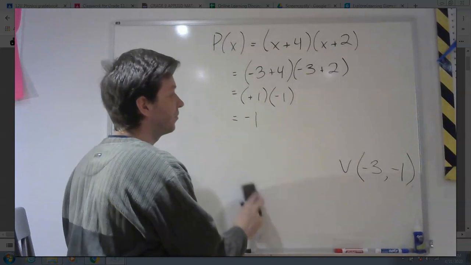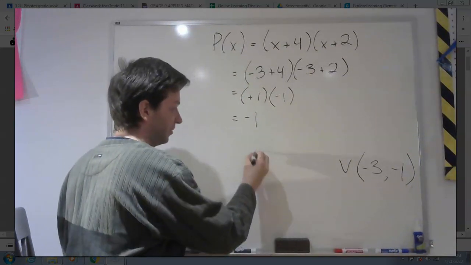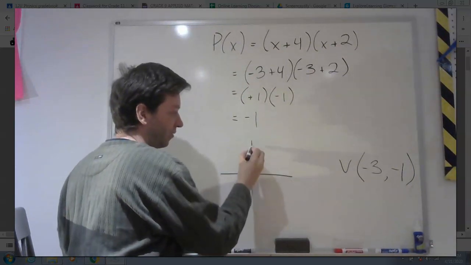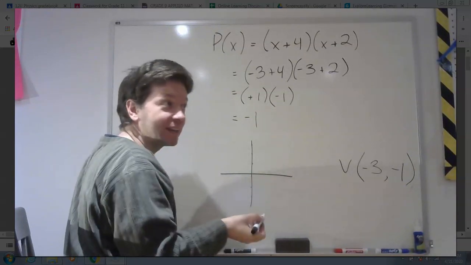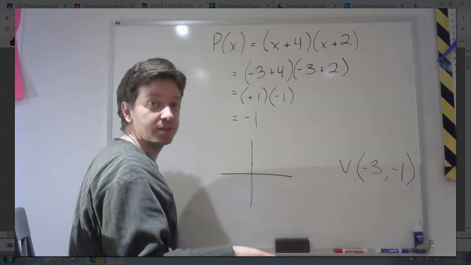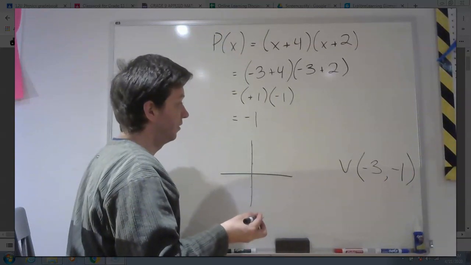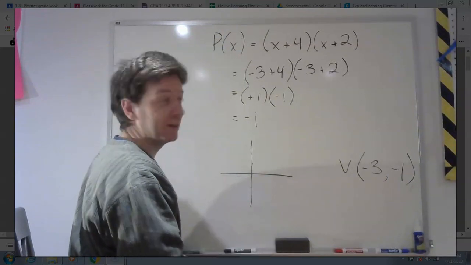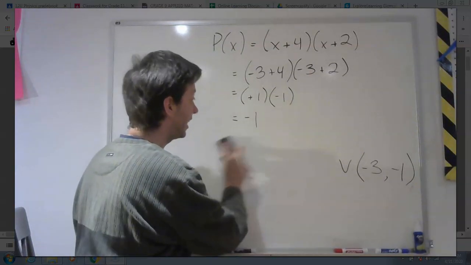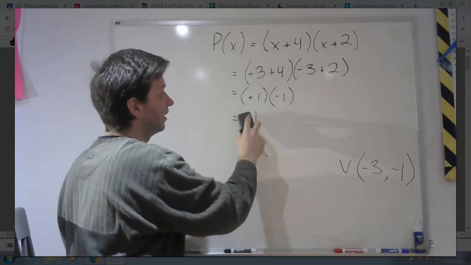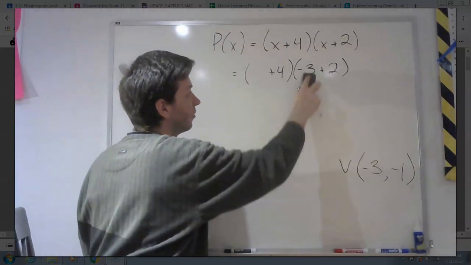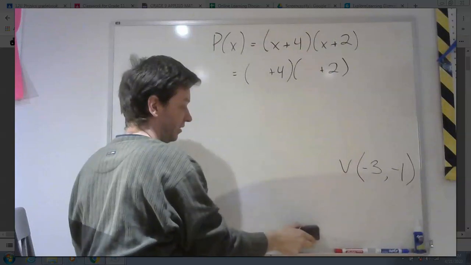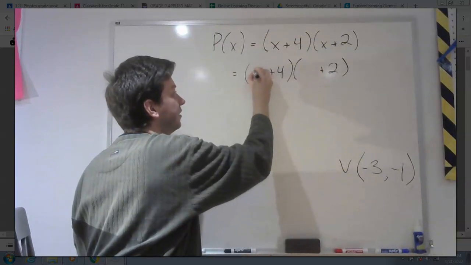Next, we have to find the y-intercept. The y-intercept, if you draw a graph, is where it crosses the y-axis. Now the y-axis has a coordinate of x = 0. So we need to figure out what is the y value when x is 0. So we're doing the same thing we did here, except instead of substituting negative 3 in for x, we're going to substitute 0 in for x.